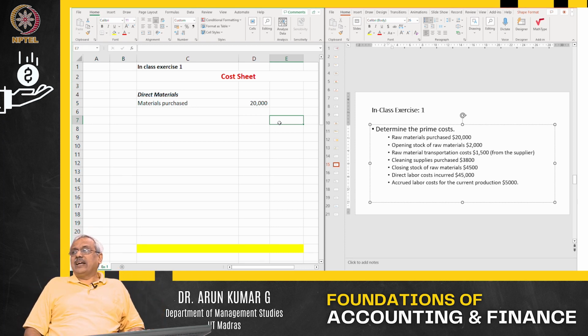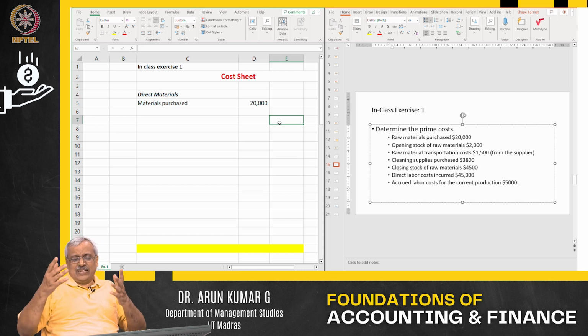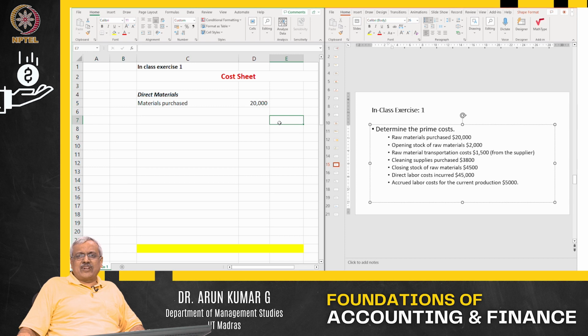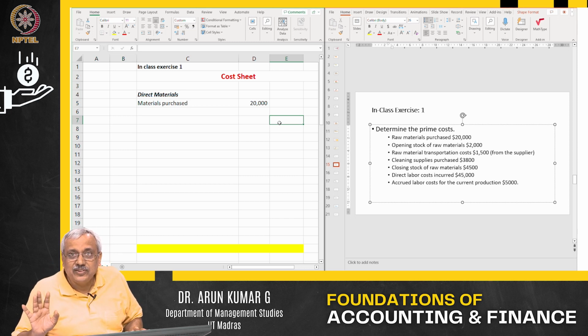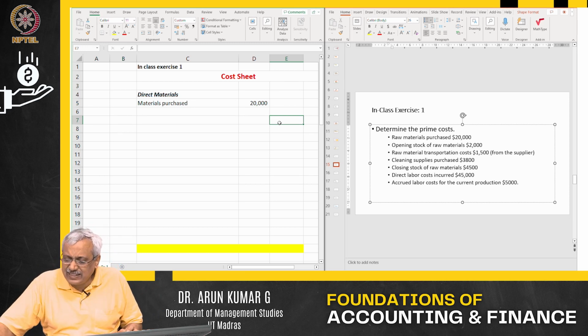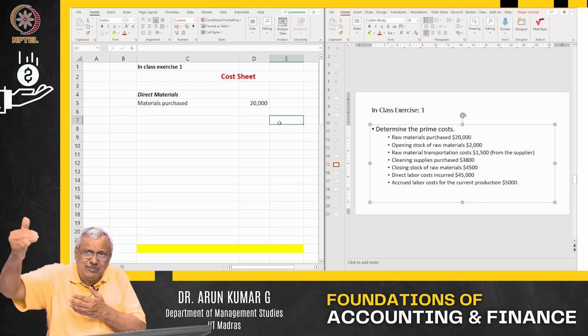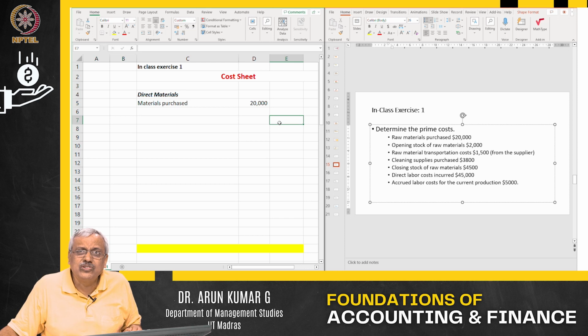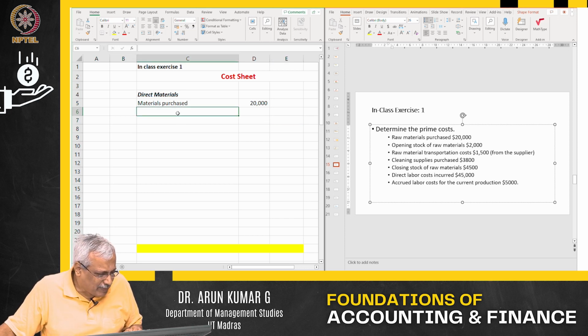You buy a car. What is the price of the car? You will not say ex-factory, ex-showroom. You will say what is the price that you have paid finally to ensure that it is moving on the road. So, the landed cost. When we say material, the freight that you incur on getting the material to your warehouse is also added to the cost of the material.